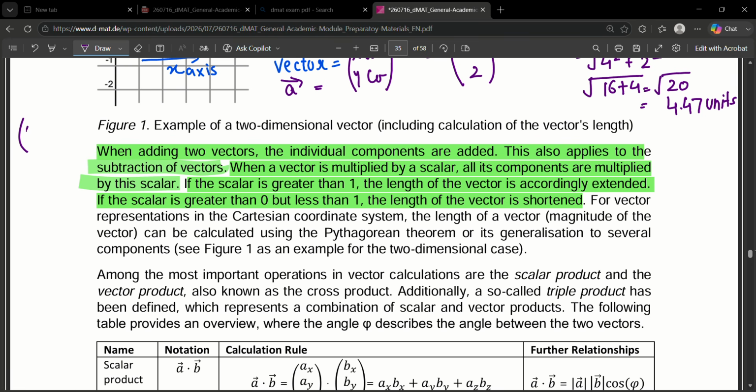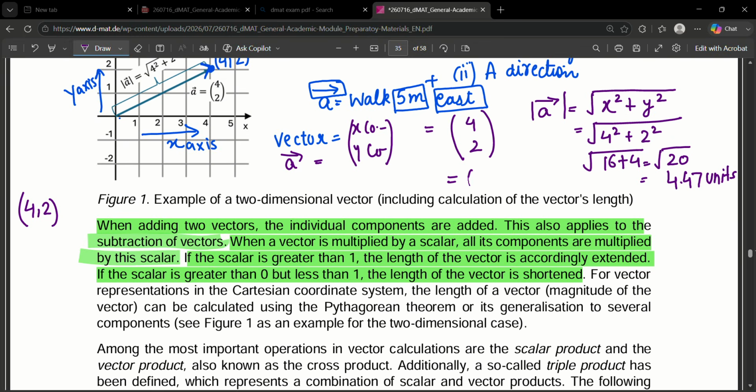You can represent a vector like this as well. So when you are going to add two vectors, what will happen? It will become 7 plus 4. You have to add like this.